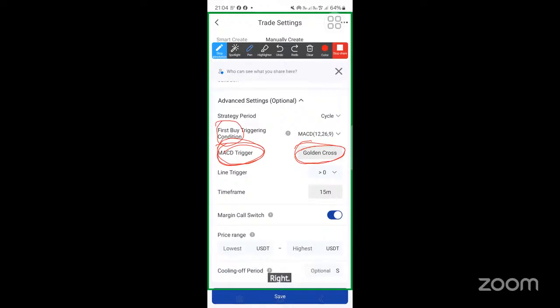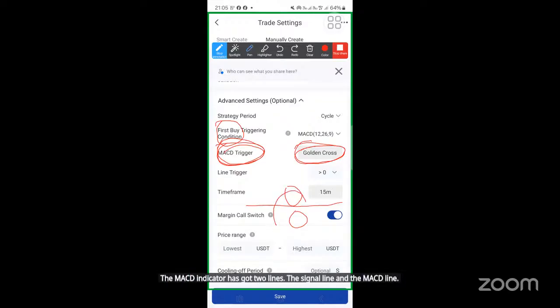No, I was explaining about the zero line in the MACD indicator. There are histograms above here. There are histograms below here. The MACD indicator has got two lines, the signal line and the MACD line. They move on this line here. One thing that these two lines do is cross over.